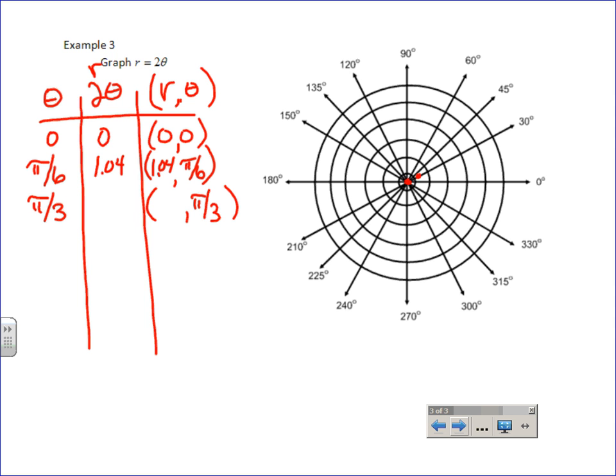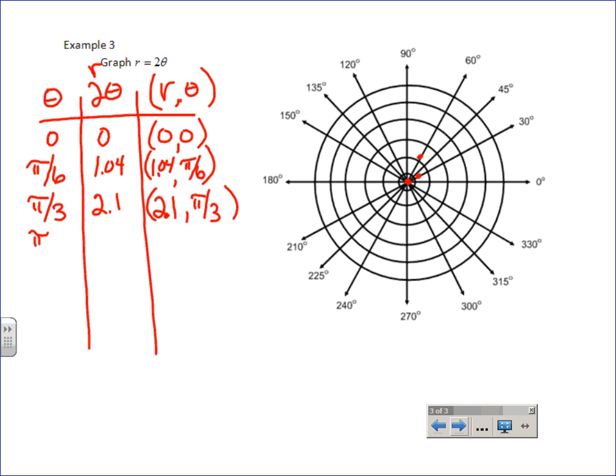We just took 2 times pi over 3. 2 point 1, is that right? So pi over 3, 2.1, so 1, 2.1. And where are we going to go next if we keep the same increment?